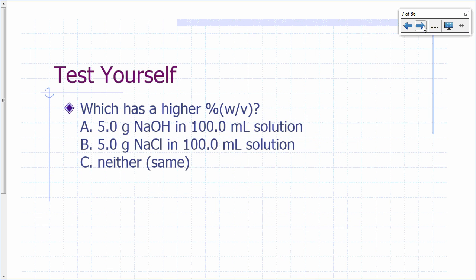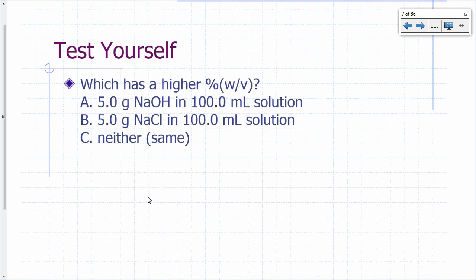All right, so let's go back to this question right here. Which has a higher percent weight by volume? 5 grams NaOH in 100 mils of solution, or 5 grams sodium chloride in 100 mils of solution, or is it neither? What's the definition of percent weight by volume?